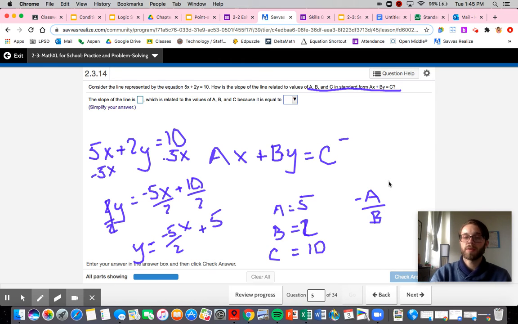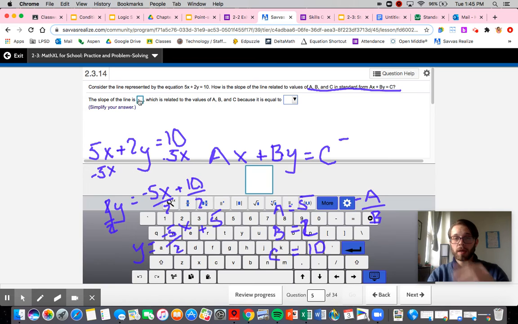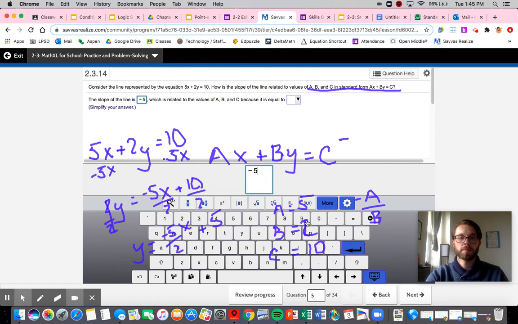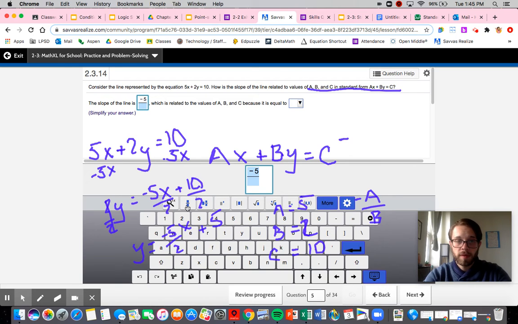So that's just a quick little shortcut method to identify some of the different slopes without having to convert. Sorry, I did that wrong. So negative 5 over 2, and that relates to negative A over B.